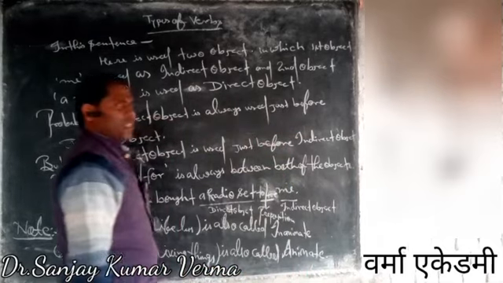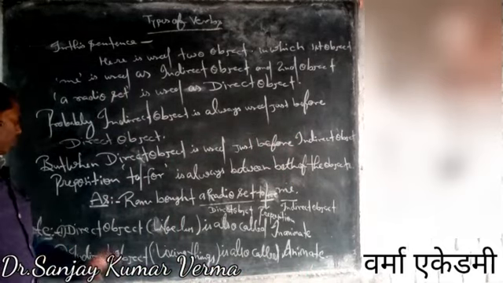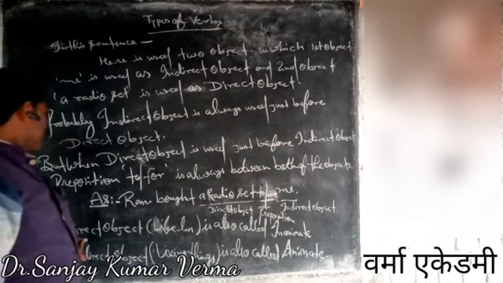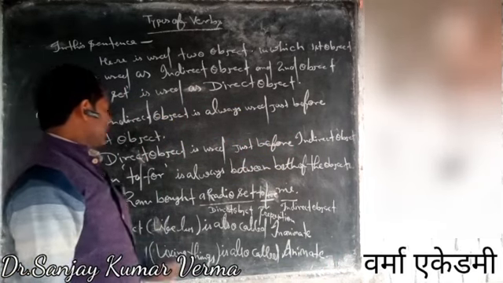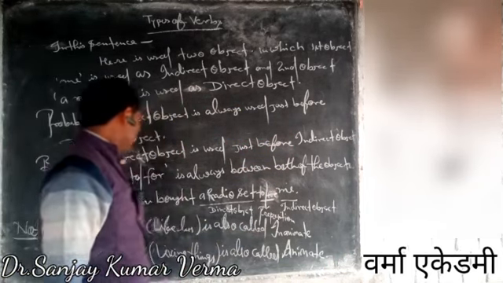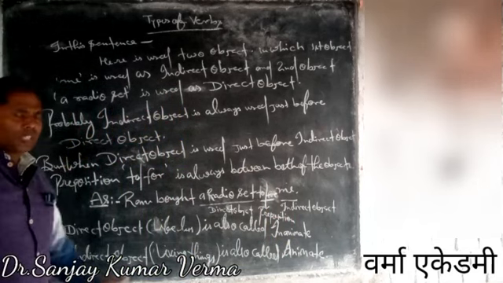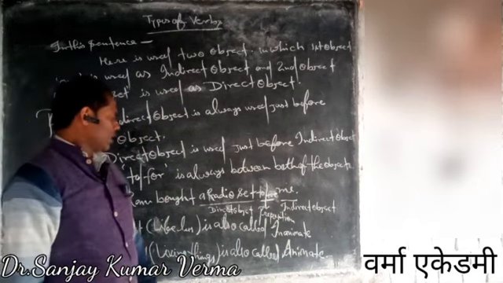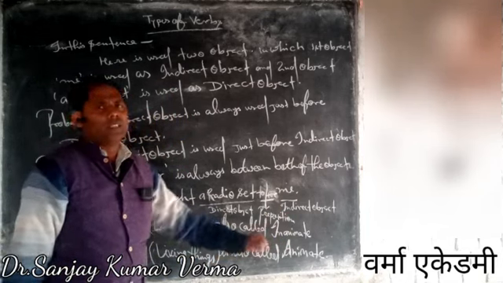Always remember both of these points, that direct object or lifeless is also called inanimate, and indirect object or living things is also called animate.